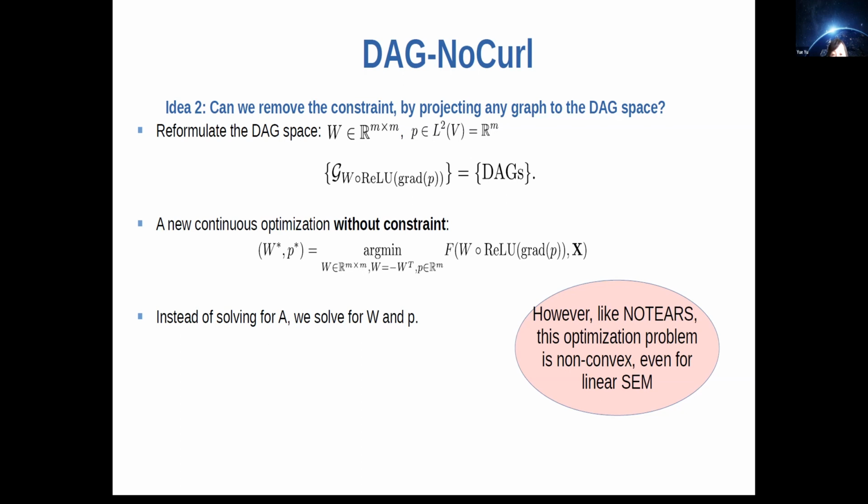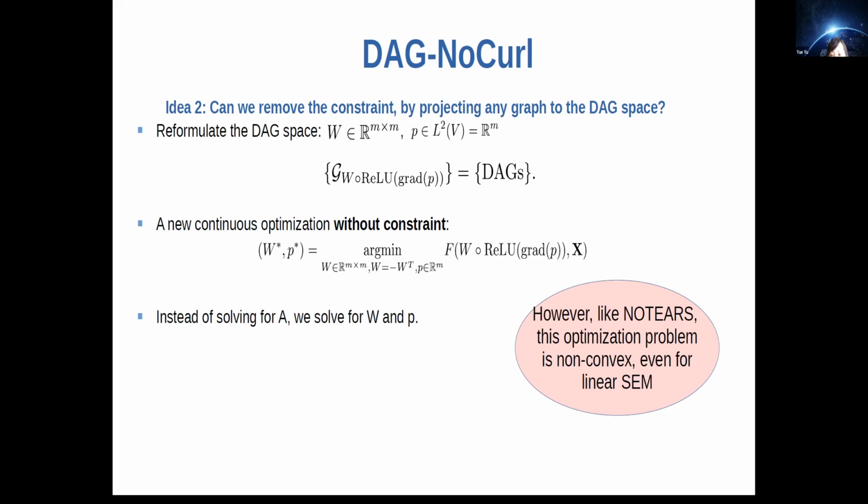Because this special formulation definitely gives us a DAG and represents all DAGs, we can fully remove the constraint. There is no constraint anymore if we only solve for W and P. And then we can reassemble the matrix A from W and P once we get the answer.